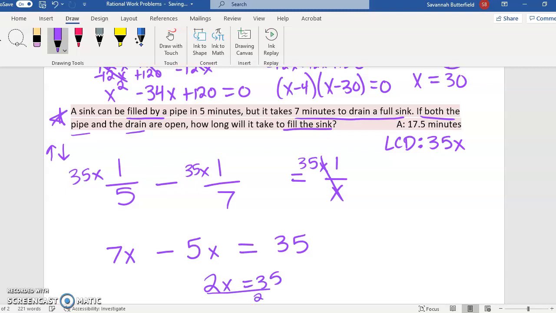If we divide by 2, it's going to take 17 and a half minutes to fill the sink, which again, is what we get right here.